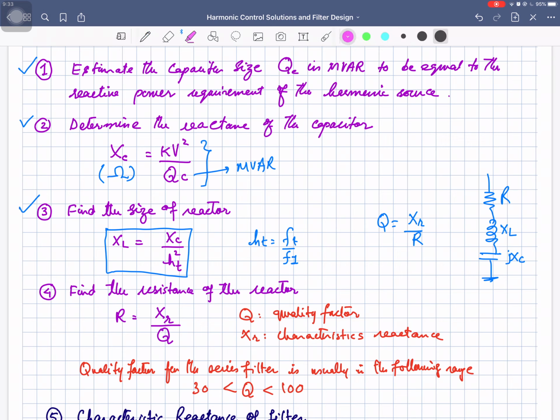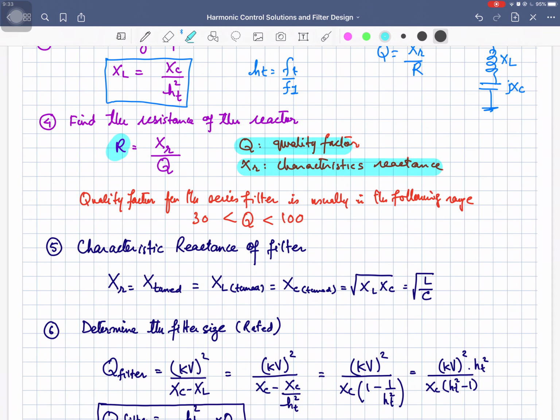So, if you have the information of these two, quality factor and the characteristic reactance, you can find out the required resistance. Okay, usually for a series RLC filter, the value of Q is between 30 and 100.